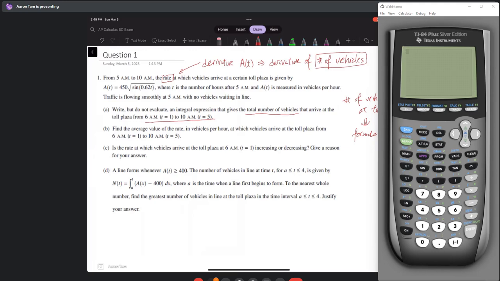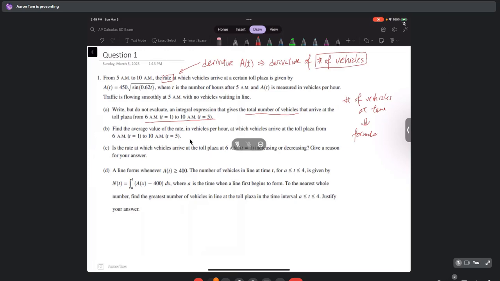So therefore this is typically going to be a definite integral problem. So what this is basically telling me is that we are writing a definite integral using what I call the fundamental theorem of calculus.